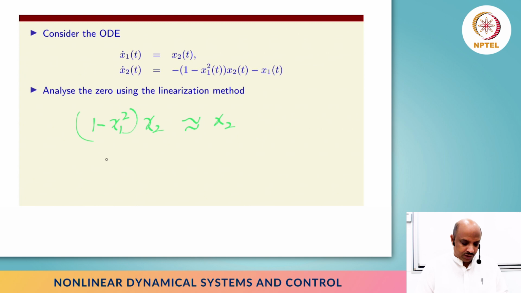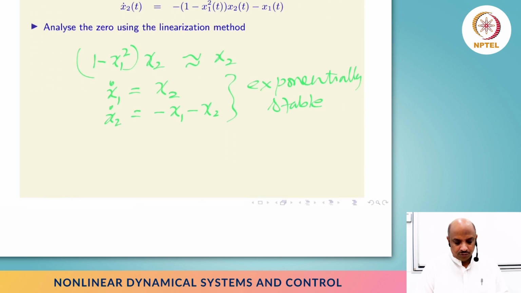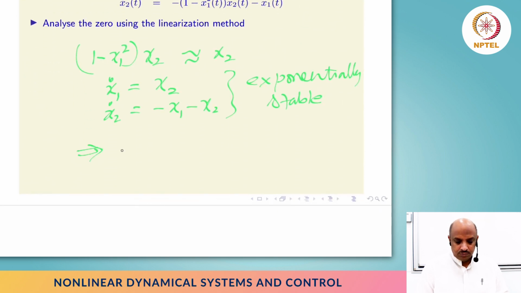So I get the linear system x1 dot is equal to x2, x2 dot is equal to minus x1 minus x2, and this is the system we have seen many times, and this is exponentially stable, and gives local exponential stability of the 0 of x dot equals f of x, the nonlinear system, right?